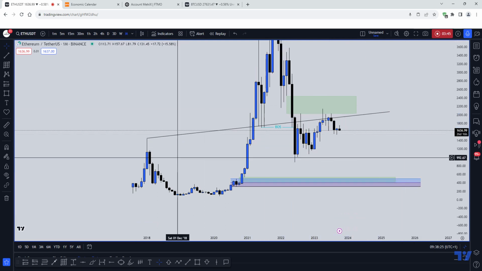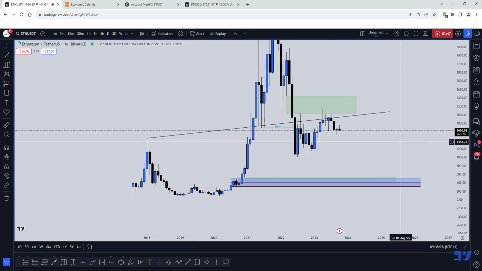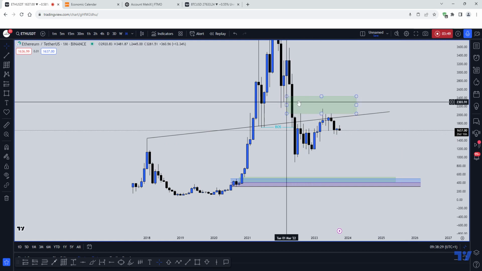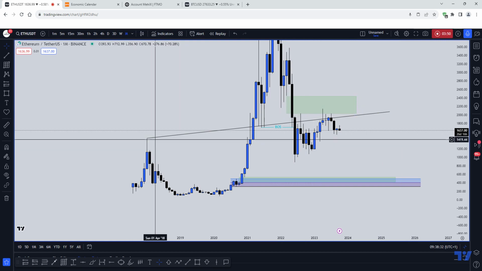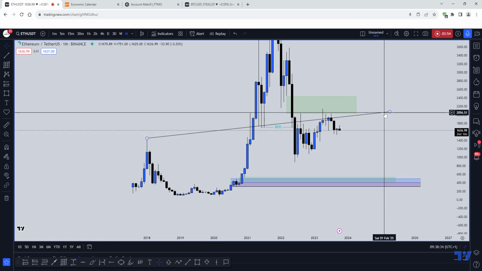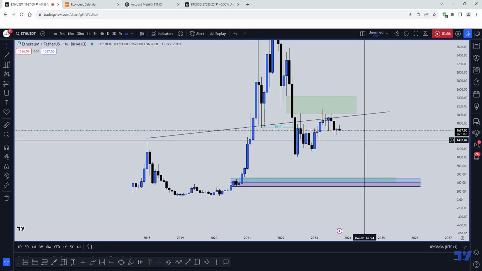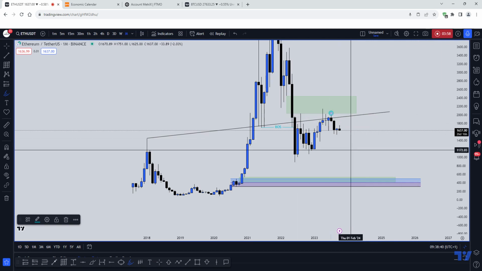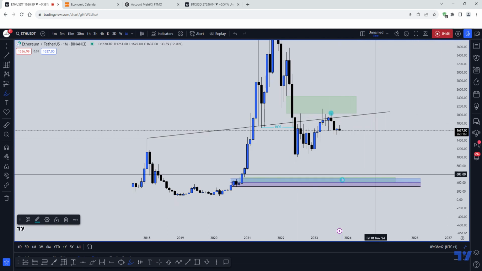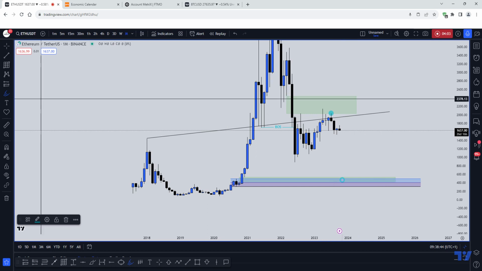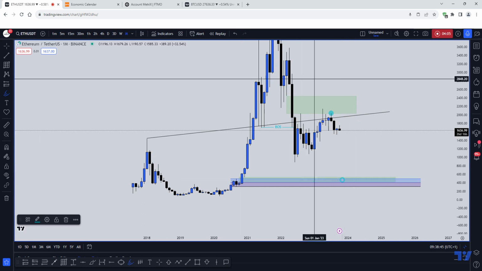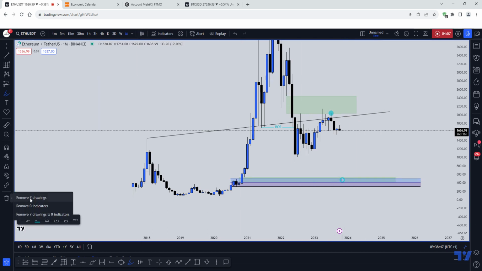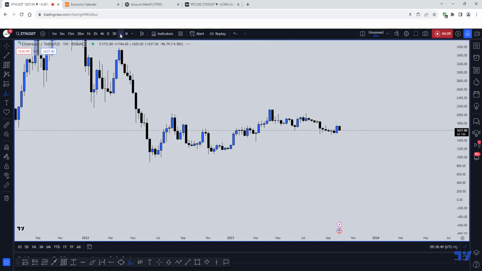So just very simply by adding this trend line, you've got another confluence. You've got the minus 0.382, you've got a fair value gap, you've got previous ascending trend line support now acting as resistance. So I definitely expect this to be a swing high at around 2000 and then a new swing low maybe around 600.